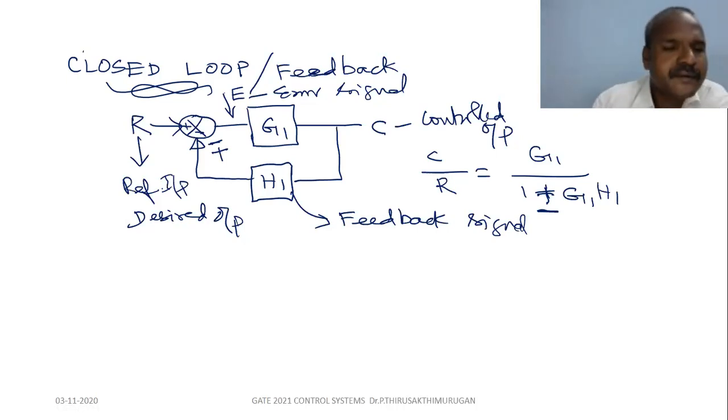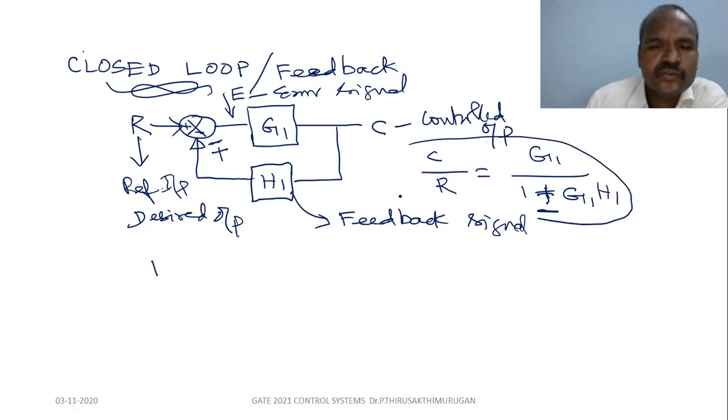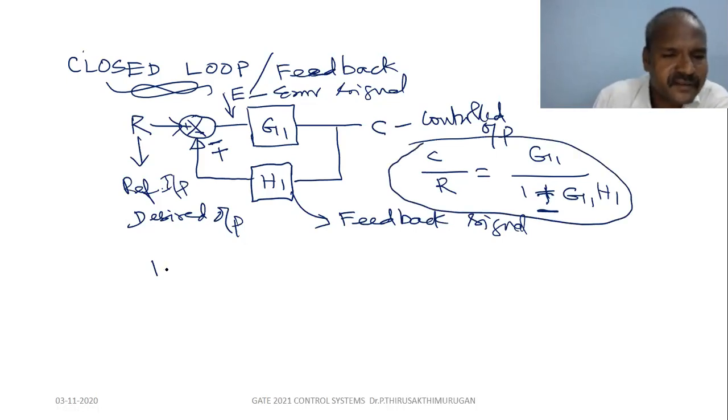One more important point here is the denominator part of the closed loop configuration. What is the denominator part? 1 plus G1 H1 equal to 0.